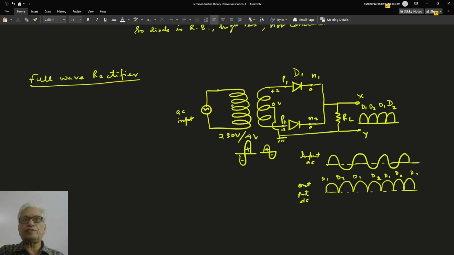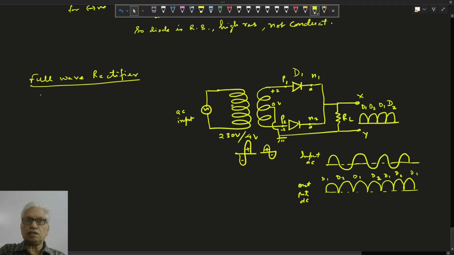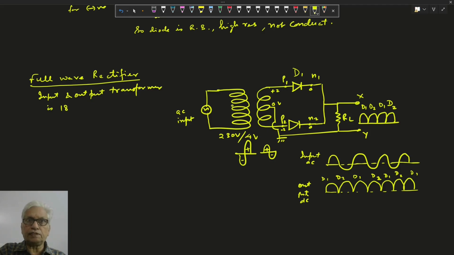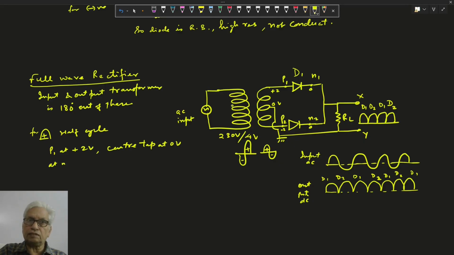Now the full wave rectifier. Here the input and output of the transformer are 180 degrees out of phase. For the positive half cycle, P1 is at plus 2 volts and the center tap at 0 volts, and N1 and N2 at 0 volts.